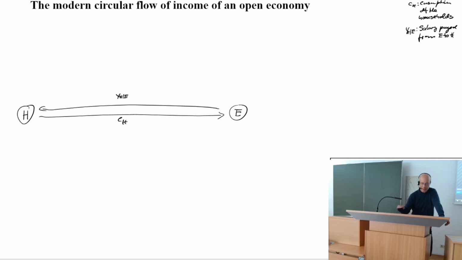So and now the government steps in. Great. Taxes. And there we can say both pay taxes. The households have to pay taxes, and hopefully the enterprises also pay taxes.